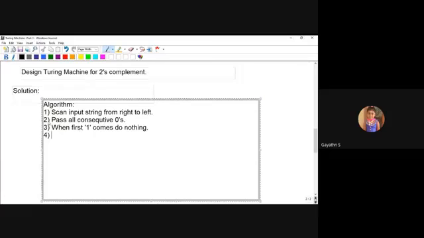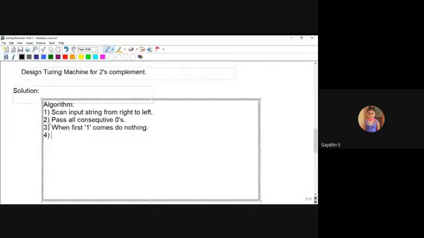After that, take the complement of every digit in the remaining part.